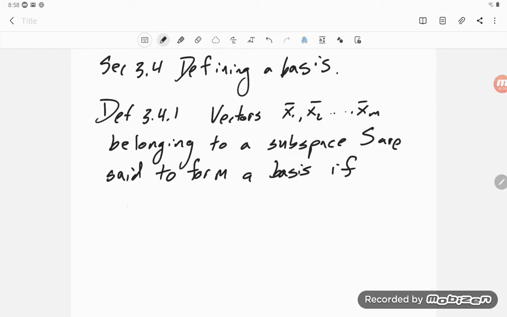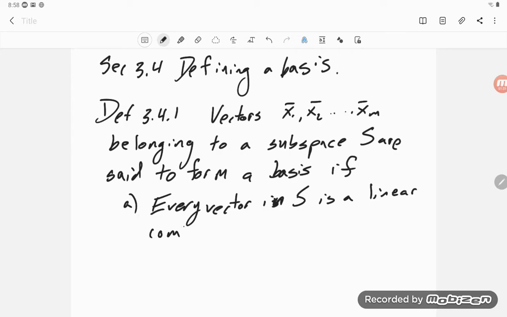So I guess I'll go with A. Now the way they say it is every vector in S is a linear combination of x1 up to xm.